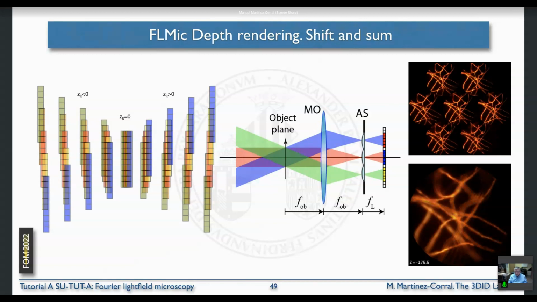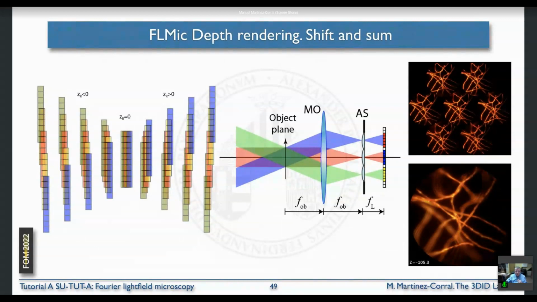If you want to have more planes, because here you have one plane when you displace one pixel, then the next plane, and you want to make the distance between rendering planes smaller, you simply need to resize the elemental images.